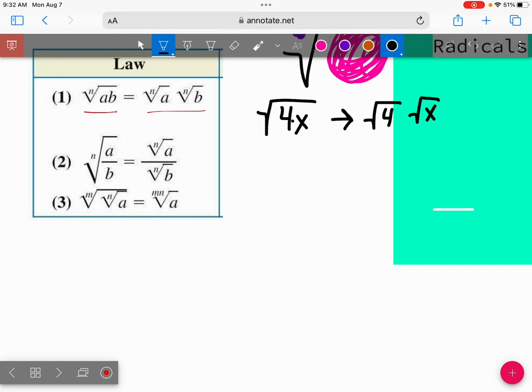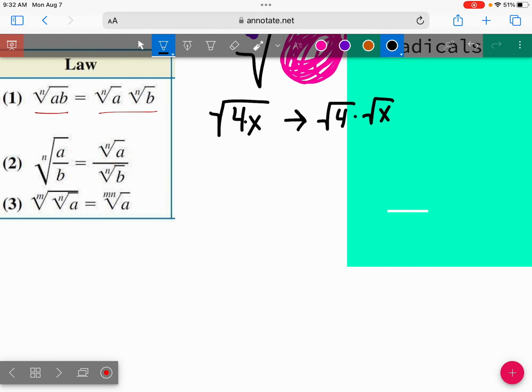Since it was 4 times x here, we can do the square root of 4 times the square root of x. Which then we can use to simplify. Square root of 4 is what? 2. Square root of x, we don't know. We can just leave it as square root of x. So that's the benefit of splitting like that: if you break it down into smaller chunks, they're easier to deal with. Okay? So when your terms are multiplied, you can split them into their own little radicals.